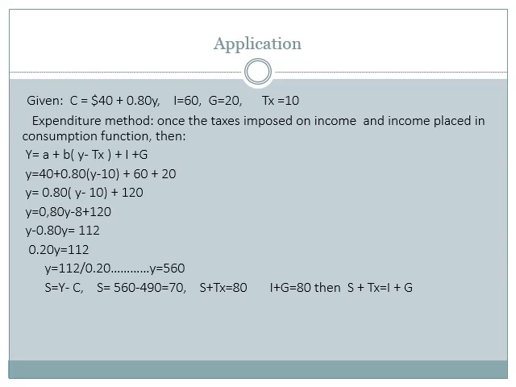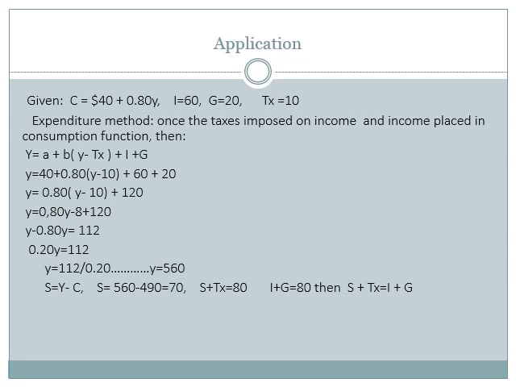Now let's break down the brackets. 40 plus 60 plus 20 equals 120. Now to open the brackets, let's multiply 0.80 by Y and by negative 10. 0.80Y, 0.80 times 10 equals negative 8, plus 120.